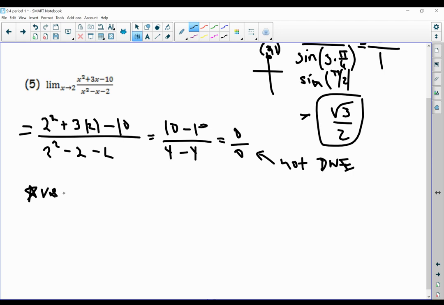Let's think about how we can rewrite the expression. So you're probably thinking to yourself, oh, I don't know. When in doubt, I'm just always going to factor. So here's what I'm going to do. I'm going to rewrite the expression.